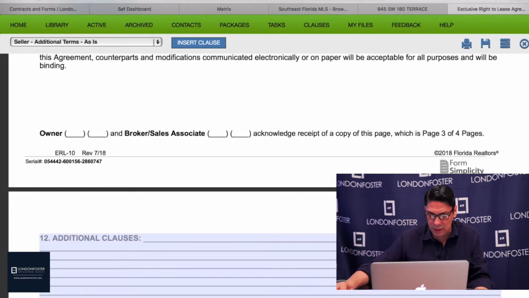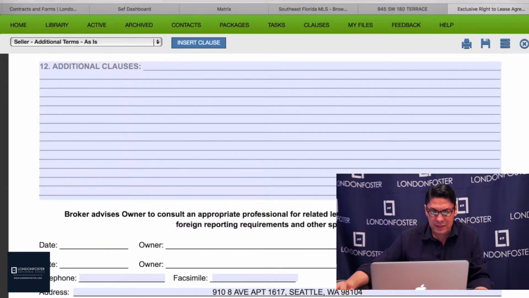Now here in section 11, this is more of the miscellaneous and any additional clauses that you might have. We could go on for days of what this could be, but basically if there are any additional terms for the rental that the owner wants covered, you want to make sure that you put it in there.